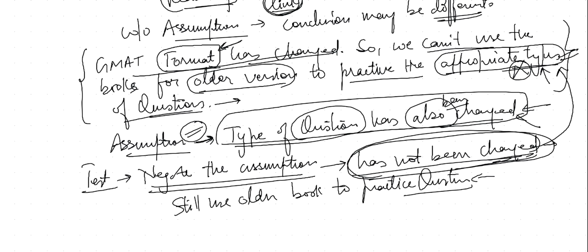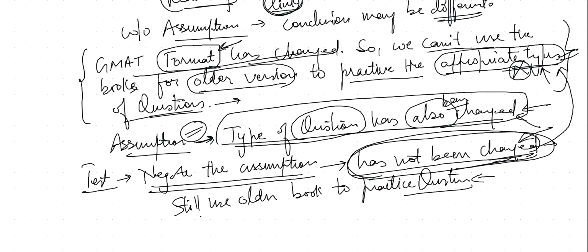That's the whole point. That's the ultimate test of picking the correct option. If by negating that particular option, the conclusion can be changed, that means that is the correct option. And for incorrect options, even if you negate the assumptions, it will not have any impact on the conclusion.